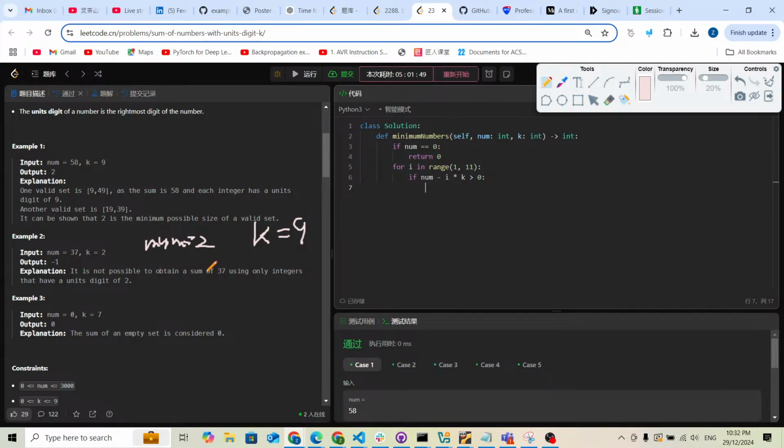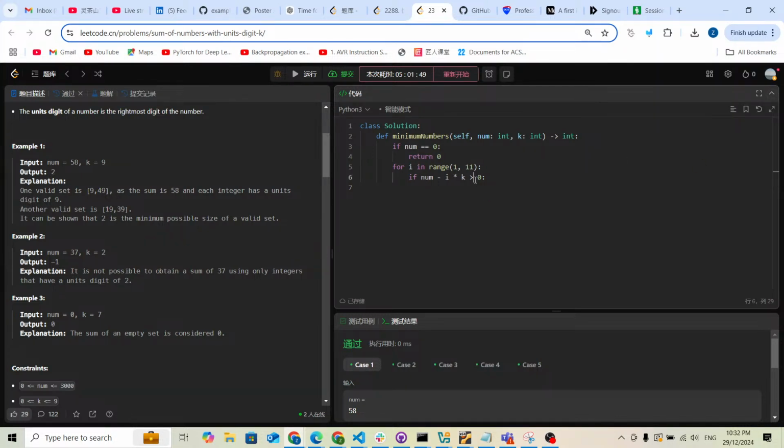Is this possible? No, it is not possible because 2 is too small. So if num minus i times k is less than 0, basically it means not possible, so we return -1.